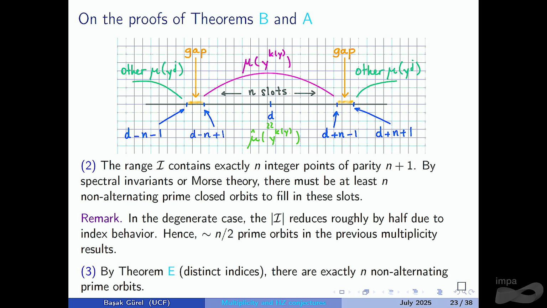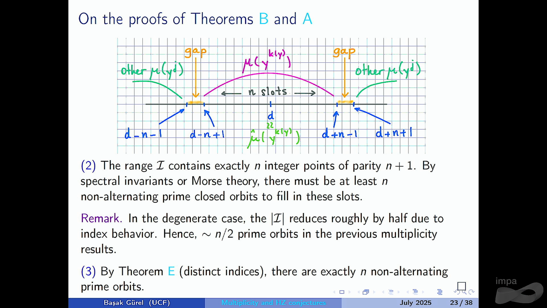Once you have this in mind, this is like an old counting argument. In this range, you notice that there are precisely n integer points with parity n plus 1. And then you also have spectral invariants, nonzero, that have to be picked up on these orbits. So you must have at least n of them.